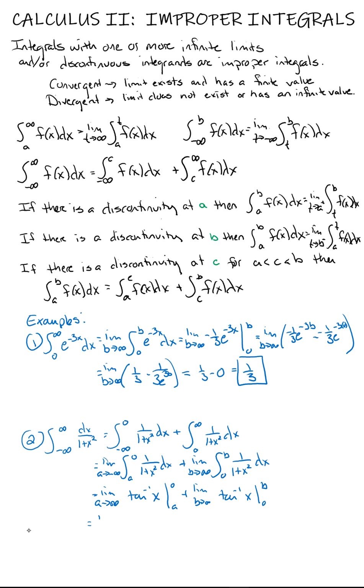All right, so let's see if we can evaluate. Again, I'm going to go ahead and evaluate the first one from a to 0, the second one from 0 to b. So we get the limit. Still keep that limit notation on each of those. Second one, again, keep that limit notation on there.